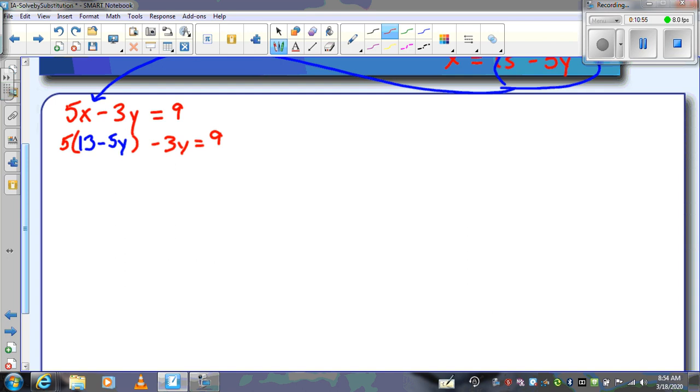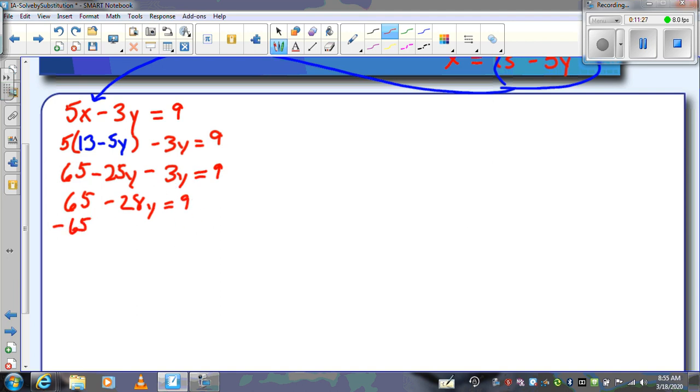So 5 times 13, well 5 times 10 is 50. 5 times 3 is 15, so that must mean this is 65 minus 25y minus 3y is equal to 9. So we have 65 minus 28y is equal to 9.